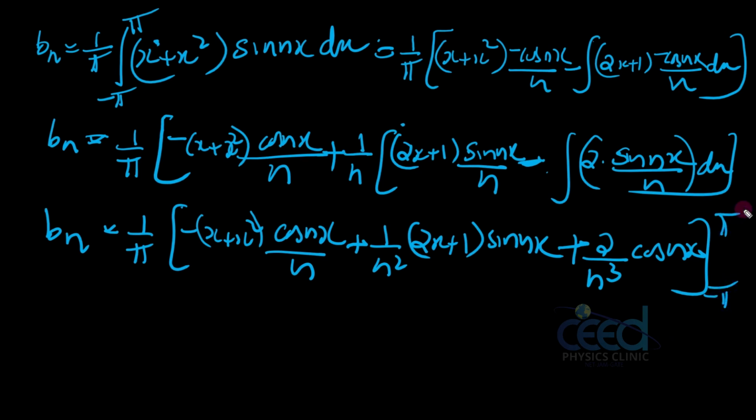See here, this term only will exist, because when I am giving the upper limit, bn is equal to 1 by pi into upper limit, what I can write, minus of this pi plus pi square.